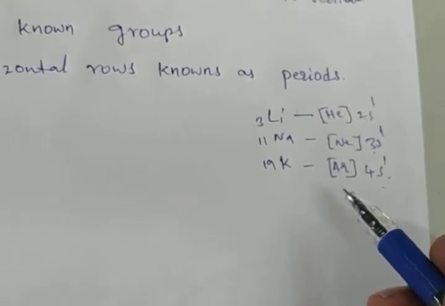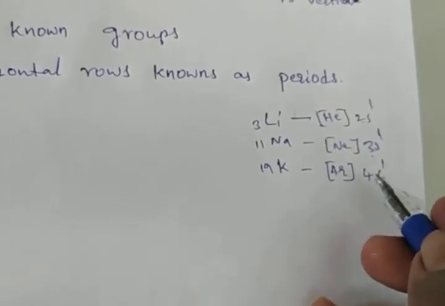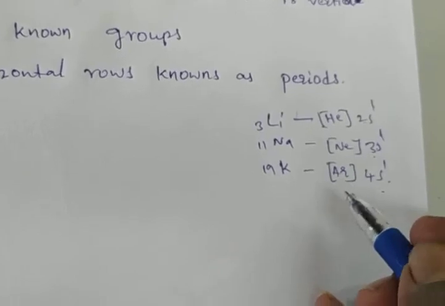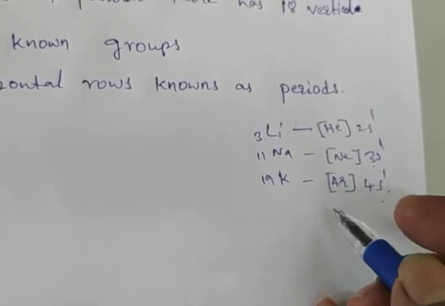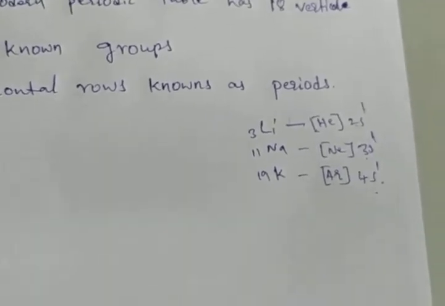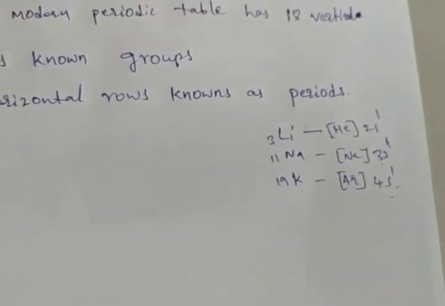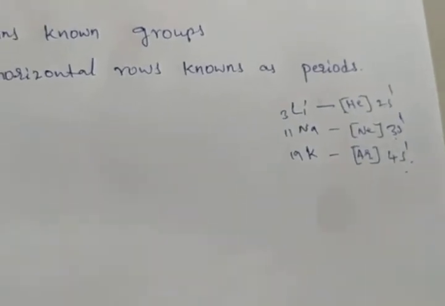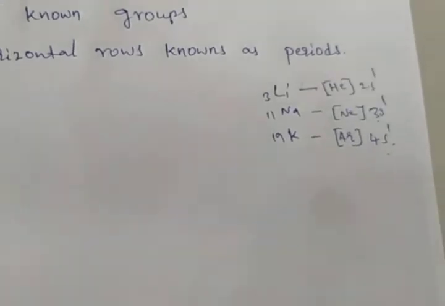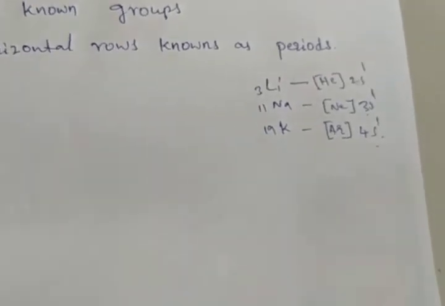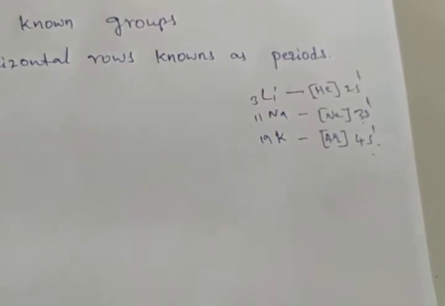Their outermost electronic configurations are similar. In the groups, the outer shell has an identical electronic configuration, but the shells increase going down. By this activity, we understand the similar electronic configurations and increasing shells.